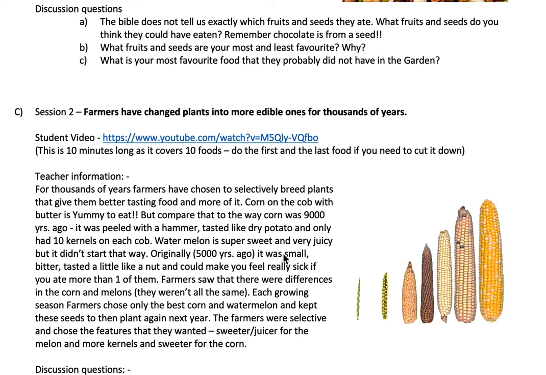And we've given a few examples, especially watermelon and corn as well. This YouTube clip, be careful, it covers in a lot of detail for 10 minutes, 10 foods, but the ones I'm talking about here is only the first and the last food. So feel free to just do either a few foods or just the first and the last one.